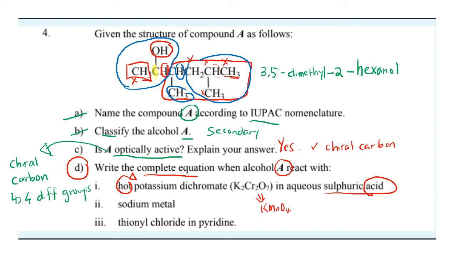When we see potassium dichromate, we know the reaction here is oxidation. Then sodium metal, and then thionyl chloride in pyridine. We will show you the equations in the next slide.